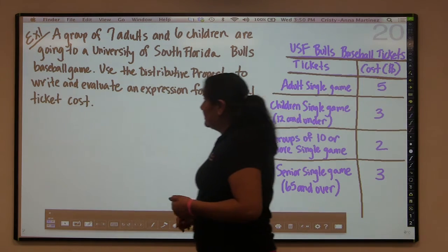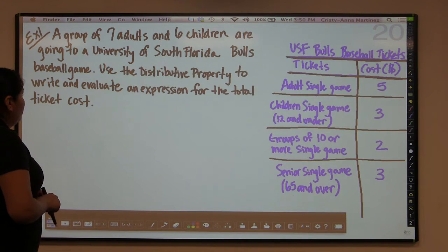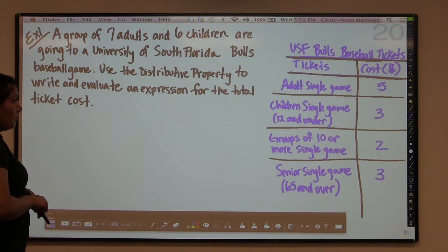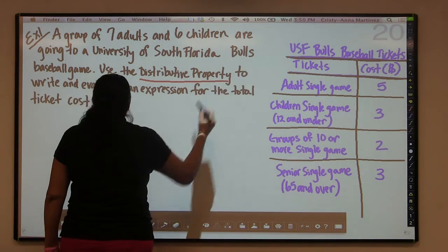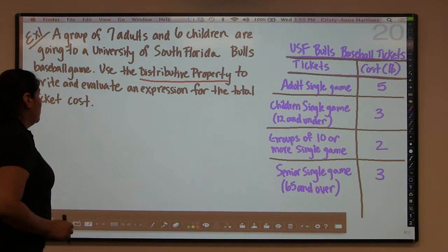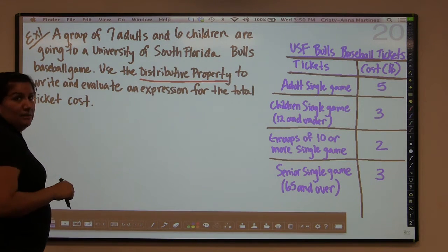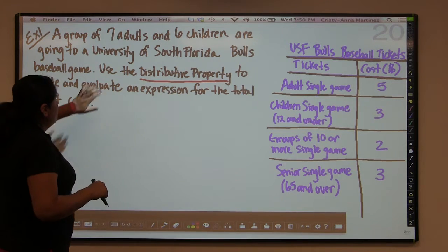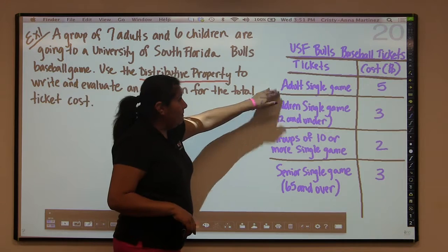So the question says, a group of 7 adults and 6 children are going to a University of South Florida Bulls baseball game. Use the distributive property, and therein lies the key, to write and evaluate an expression for the total ticket cost. The first thing we have to figure out is which kind of tickets we are going to be getting. If you were just getting 7 adult tickets, then we would be in this bracket right here.